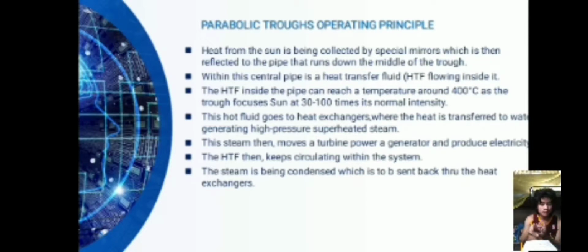So, pagtapos mag-steam yung tubig, then papasok naman siya ulit sa condenser, wherein the hot steam will be converted or condensed to water again. So, doon, magiging water ulit siya, then ganun, paulit-ulit lang. So, magpupunta ulit siya sa heat exchanger.